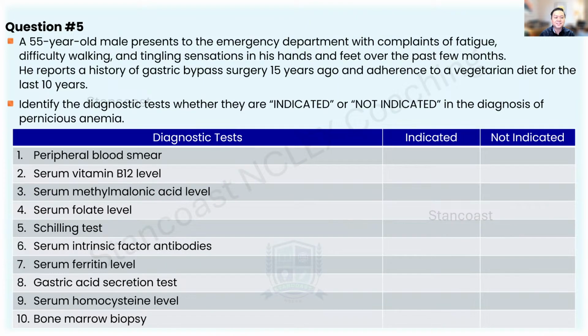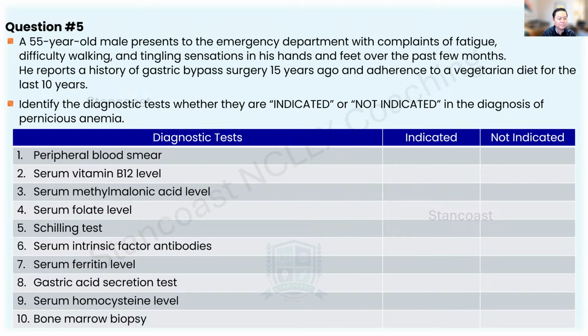Basically, this is the same scenario, same patient, same diagnosis, but I'm using this as an evolving case. All right. So here, your task is to identify the diagnostic tests, whether they are indicated or not indicated in the diagnosis of pernicious anemia. 7/10.